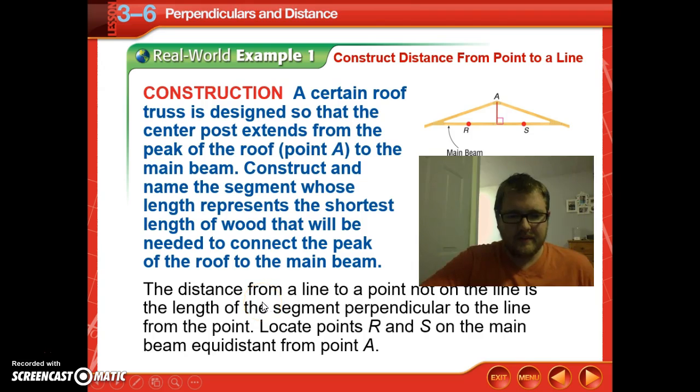But to get that distance from a line to a point, we do need to construct a perpendicular to line segment RS that extends out to point A. So this red line they've drawn for us right here.